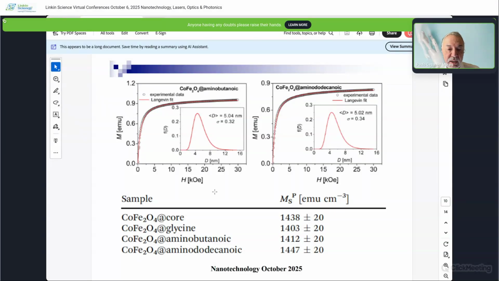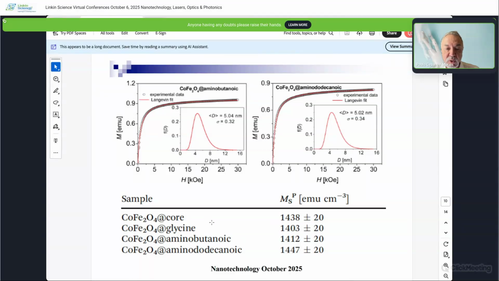On the bottom of my slide, I show you the saturation magnetization extracted from this fitting, and remember, that is a 400 K measurement. So we can see a systematic variation of the saturation magnetization as you increase the number of carbons in the surface coating moiety.